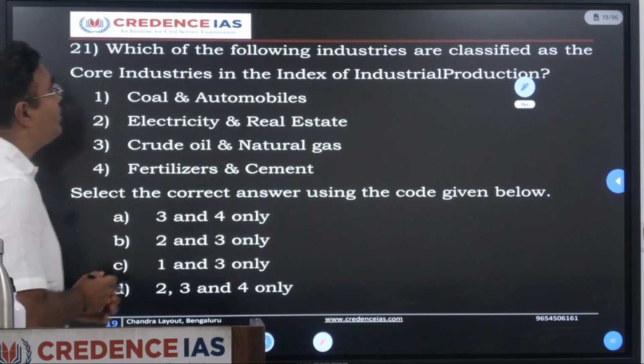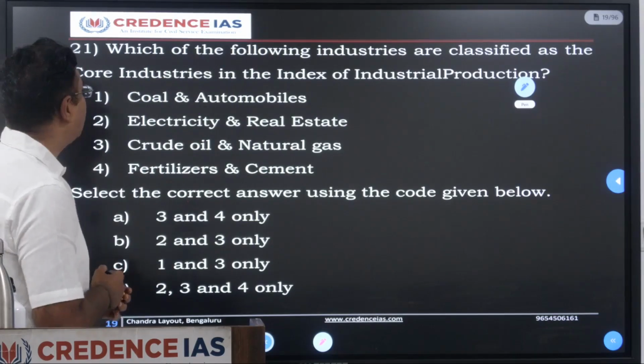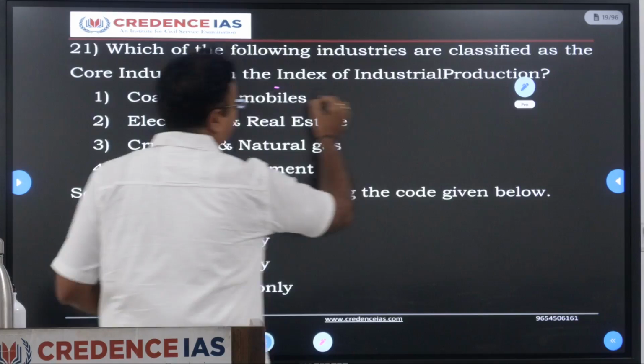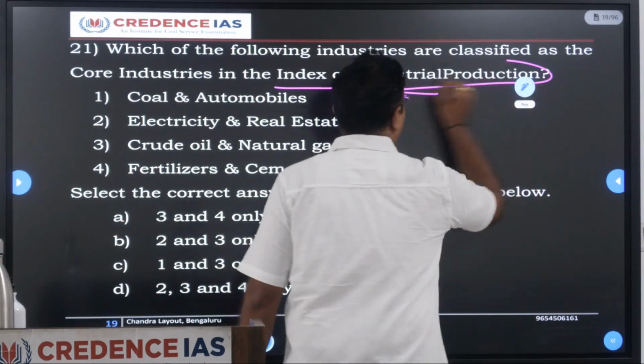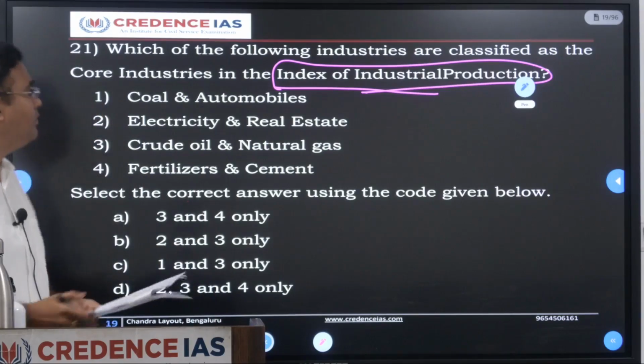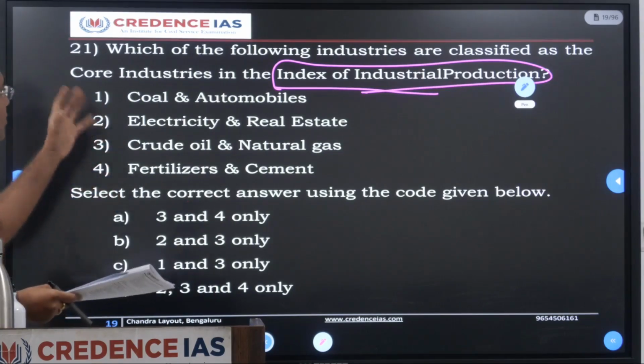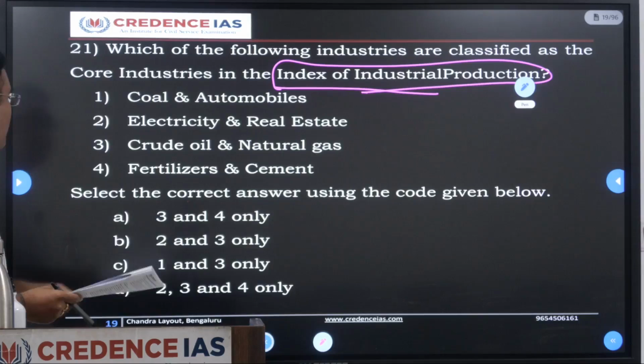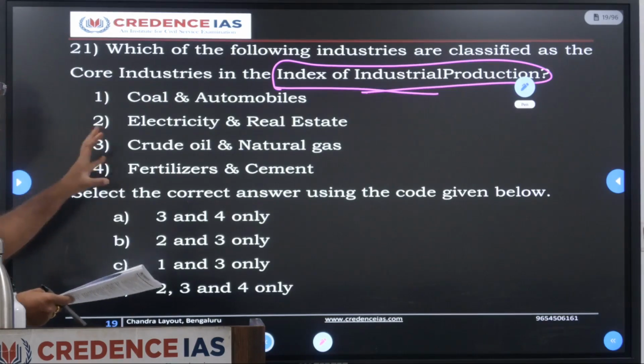Then, which of the following industries are classified as the core industries in the Index of Industrial Production? This question has also been asked, not in the same format but in a different format, in the UPSC prelims, with regard to the core industries. You need to understand which of the following constitute the core industries.